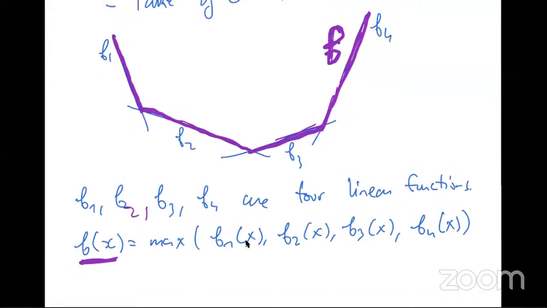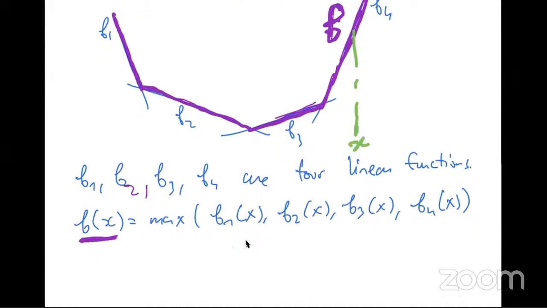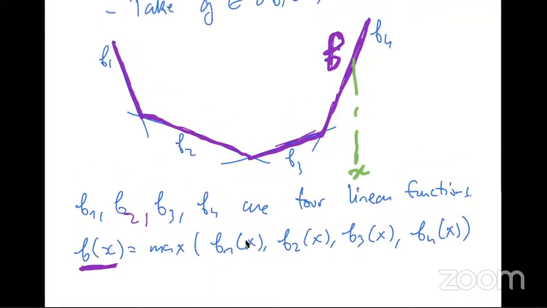So let's try different points. If I take a point, let's say a point x here, then you can see that the function that I'm actually looking at is really f4, and f4 is differentiable in this region. So the subgradient is really just the slope of f4.